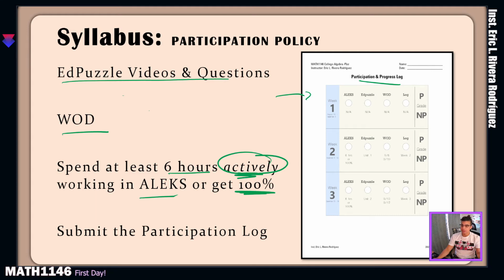Is there a student who decides to just open the computer, log into ALEKS, and leave it there idle? That student is not meeting the participation requirement, because you need to work actively. And believe me, I received those graphics. Not all the students, but some students have.